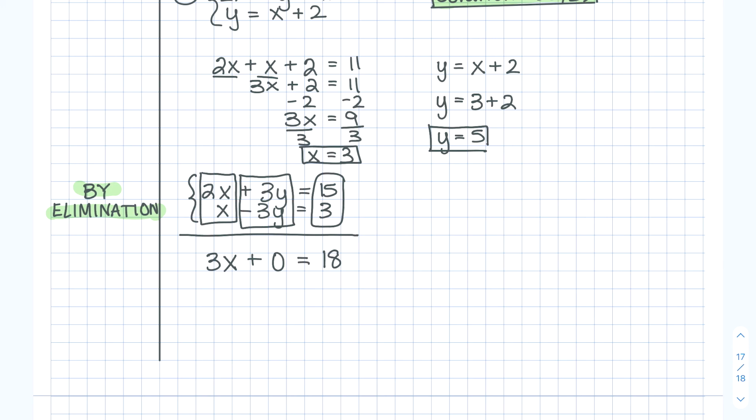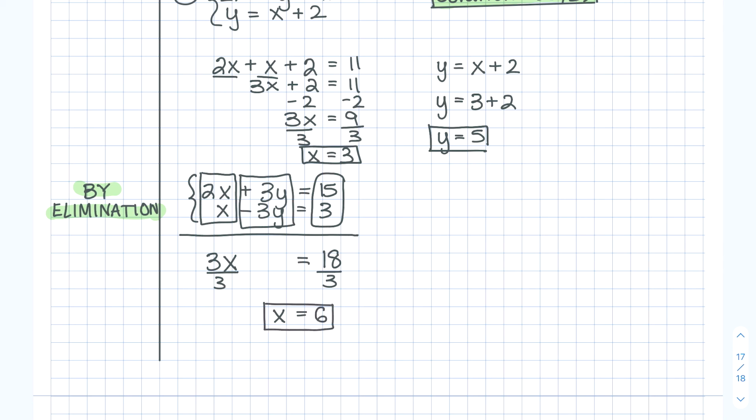It's called elimination because this whole piece got eliminated. So now I have 3x plus 0, which is just 3x, equals 18. To solve that, all I have to do is divide both sides by 3, which gives me x equals 6.